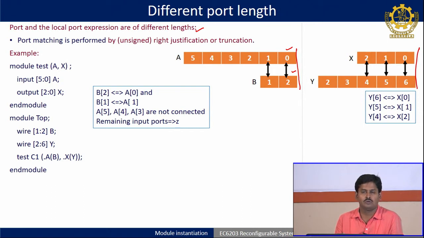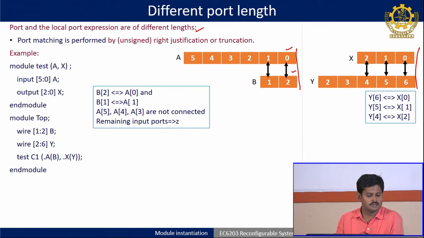So, unequal port lengths or different port lengths means it will be treated as unsigned first and then mostly it is right justified. So, while right justifying, if some bits are left unconnected, they will never be assigned any value from the corresponding identifier. Okay. And sometimes if there are certain extra bits, then those will be truncated. Understood? So, we will see one example.